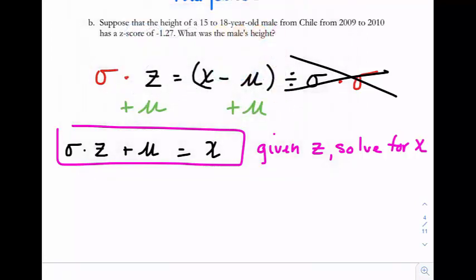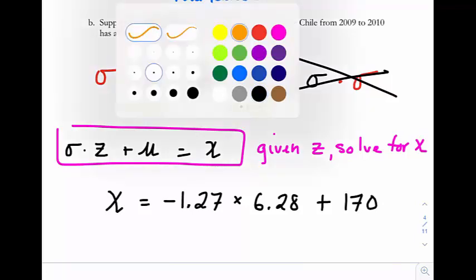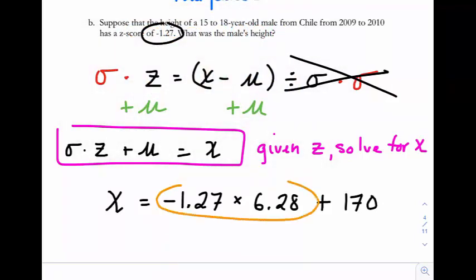Okay, and that's what we want to do here. We don't know what x is, we don't know what the data value is, but it would be equal to negative 1.27 for z, multiplied times the standard deviation, which is the 6.28 above, and then add the mean, the 170 centimeters, to that. Order of operations: multiply and then finally add.